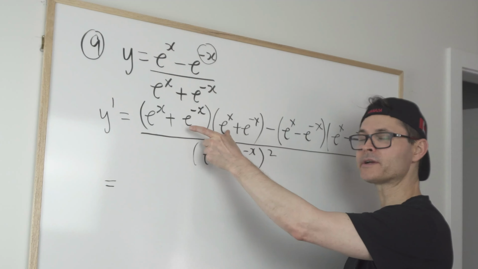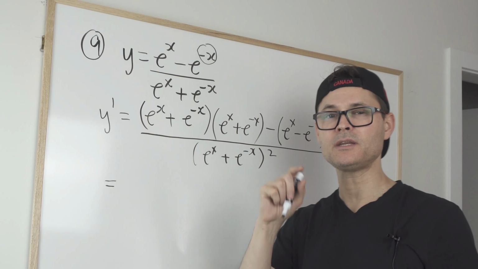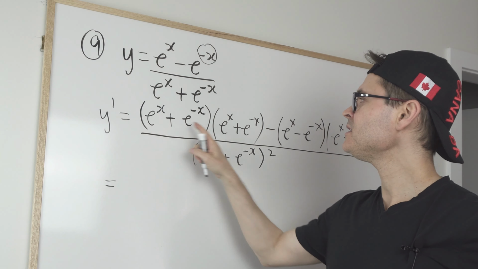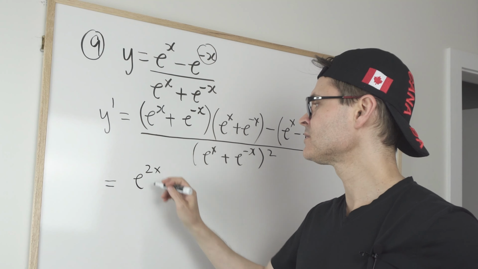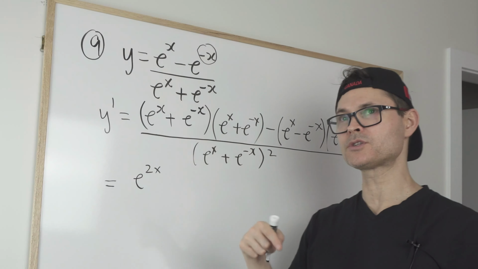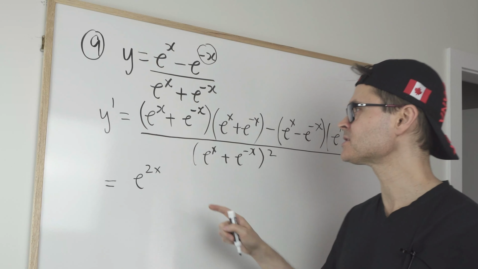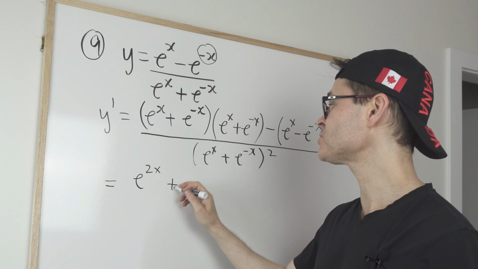So let's FOIL or expand or use the distributive property in these cases. This actually is going to be easier than you might think. E to the x times e to the x is just e to the 2x, right? Because you're just adding the exponents. When you multiply two powers with the same base, you just add the exponents. E to the x times e to the negative x, well, guess what? That's just 1.